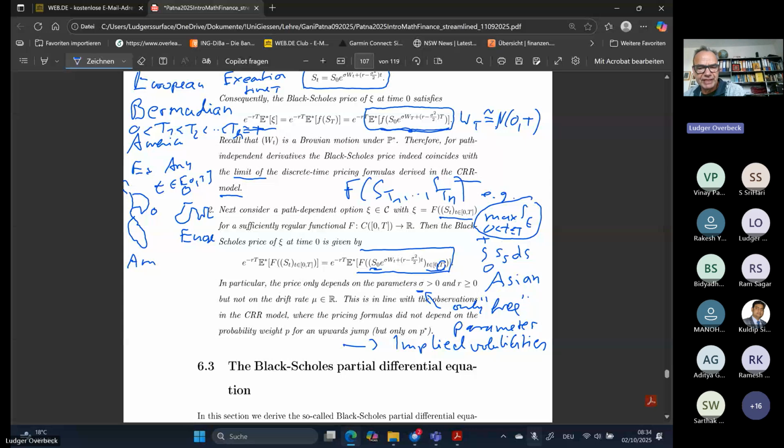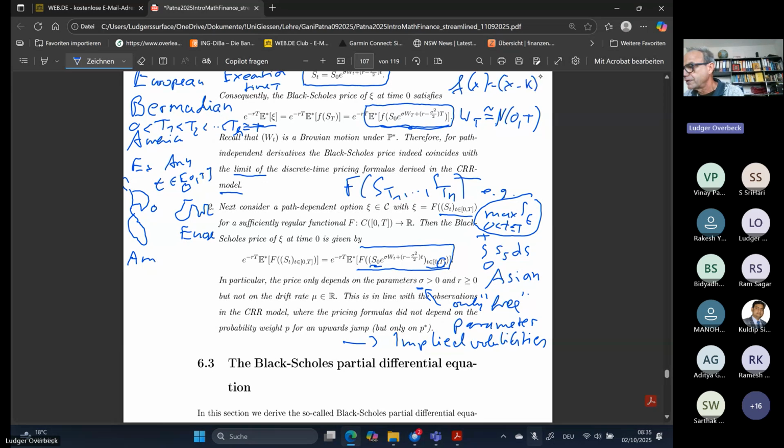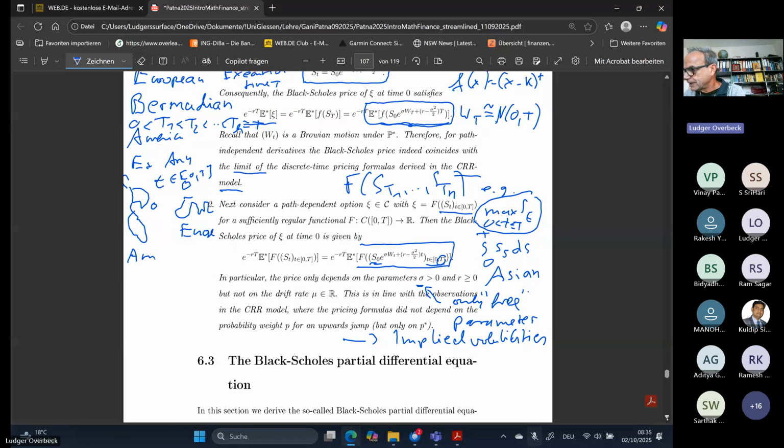You can do it just by integration, as I sketched a little bit when I did the approximation of the CRR, how you calculate it if f is the payout of a call option. This is then the Black-Scholes formula, with d1 and d2 and the normal distribution, which I told you to learn by heart.